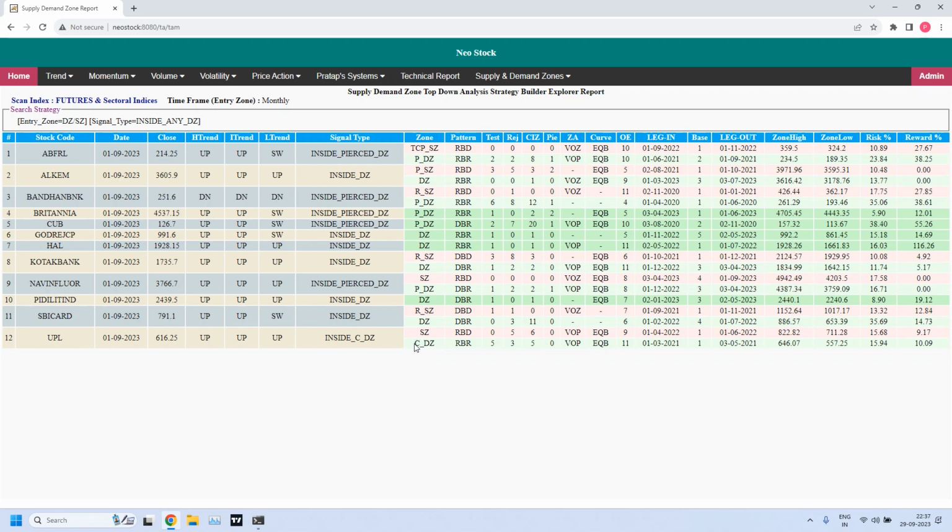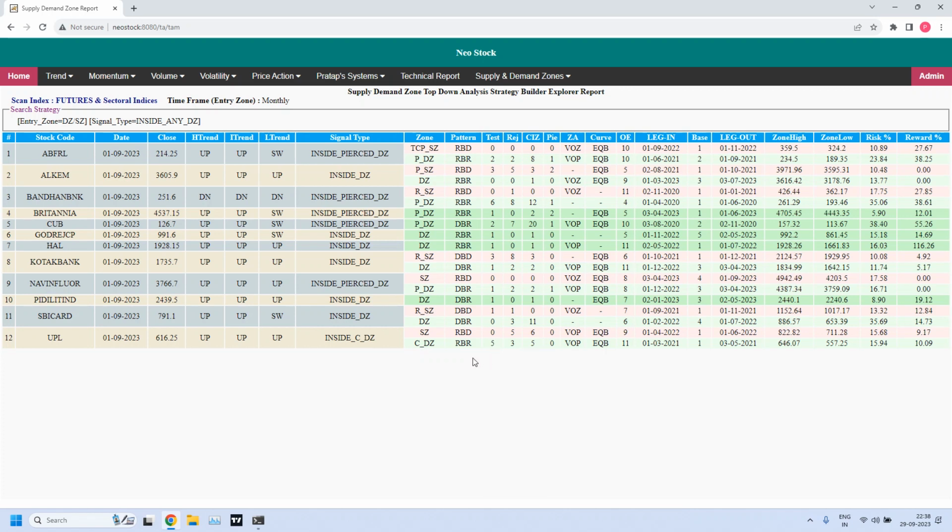So UPL is near to the C underscore DZ. This is a high probability demand zone. It is already tested 5 times. I wish you all might have gone through NeoStock's high liquidity demand zone video.